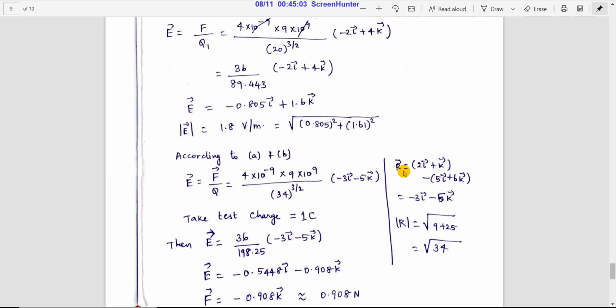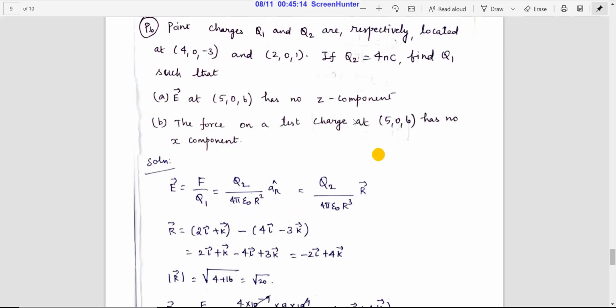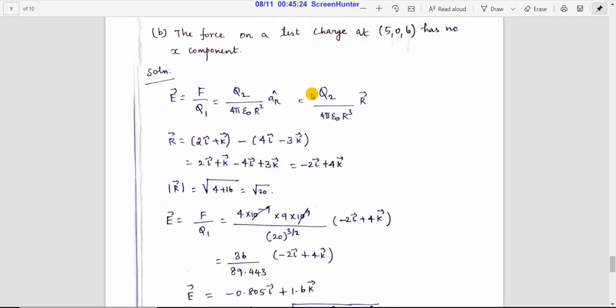Depending upon that consideration, you have to find out the R vector to the particular point 5, 0, 6 from the particular charge position 2, 0, 1.